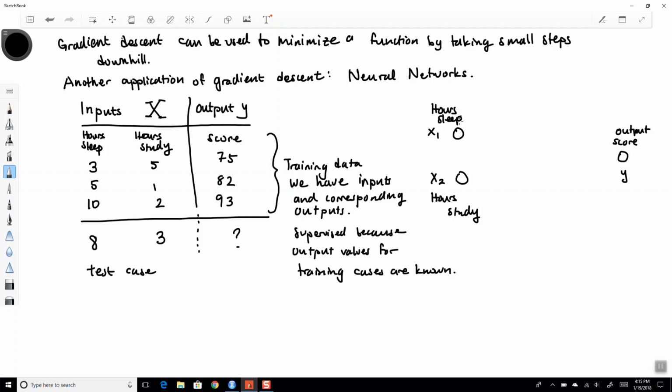The way the neural network works is we take our inputs and go through something called a hidden layer. We might have some arbitrary number of nodes, and here we'll put in 3. We take our inputs and feed both inputs into all 3 nodes.